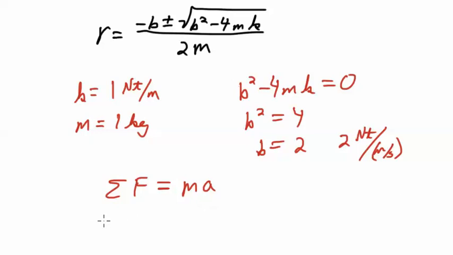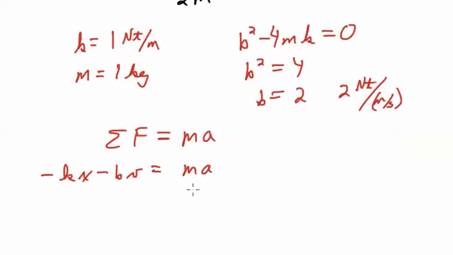So we would basically have the negative kx coming from the spring minus bv coming from the velocity of the mass equals m times a. And so it's going to be the spring constant is negative x minus 2v equals the mass times acceleration.